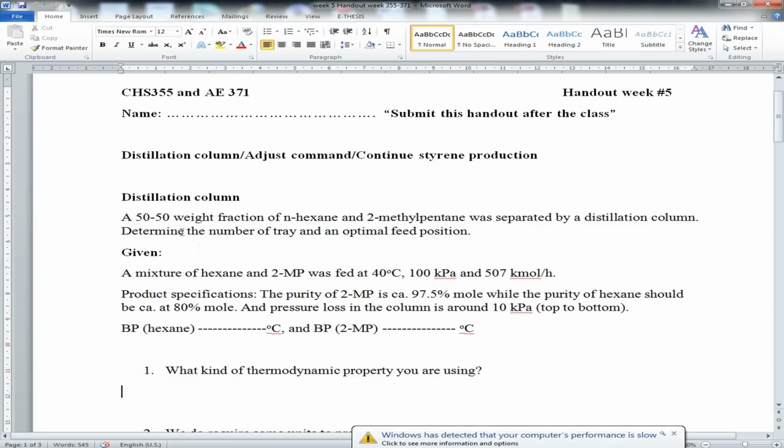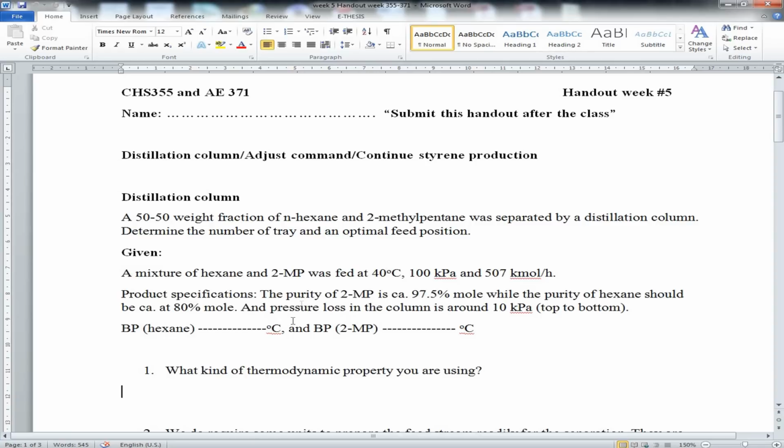In this case, 50-50 weight fraction of these two chemicals are fed into the distillation column at 40 degrees Celsius, 1 atm, and about 507 kmol per hour.